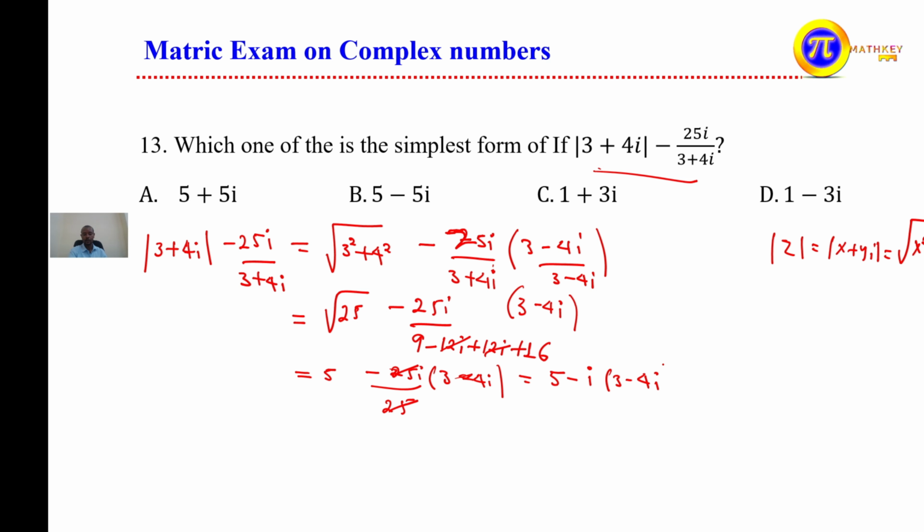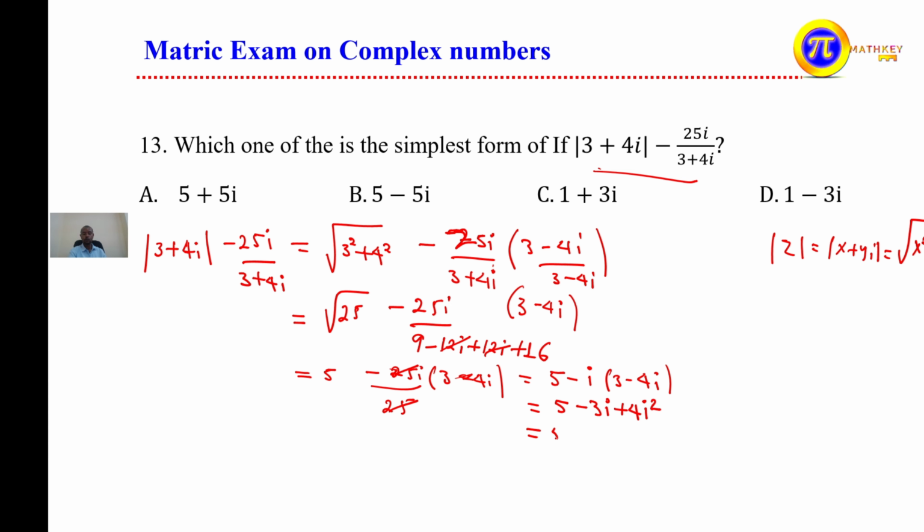We distribute this i over the bracket: 3 times i is minus 3i, and minus i times minus 4i is 4 i squared.